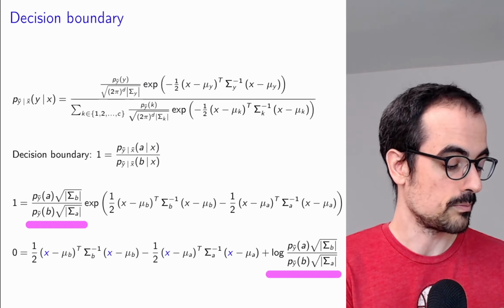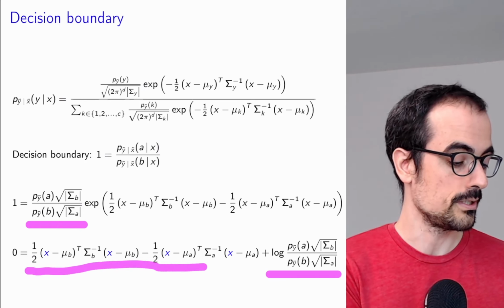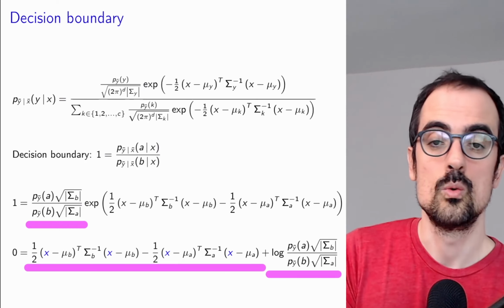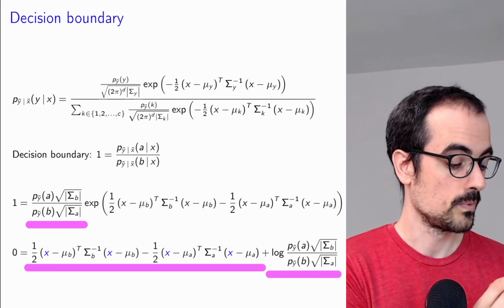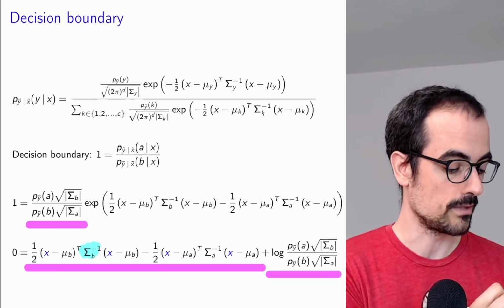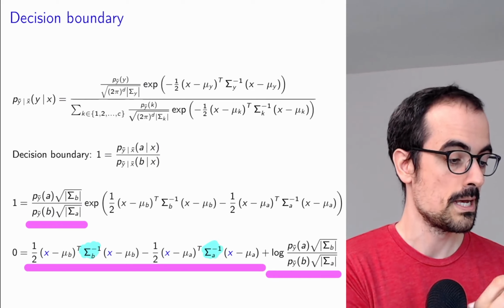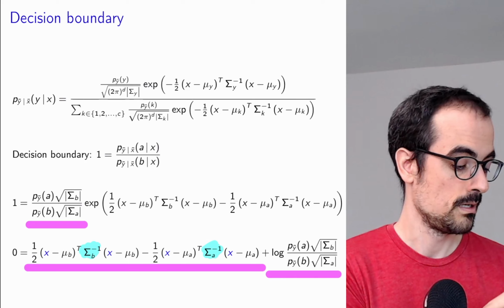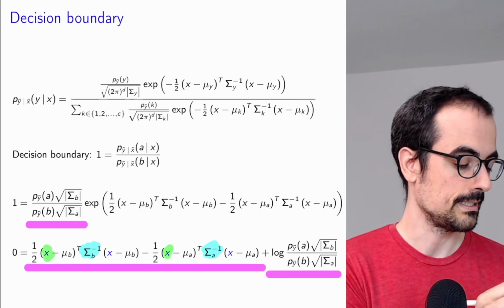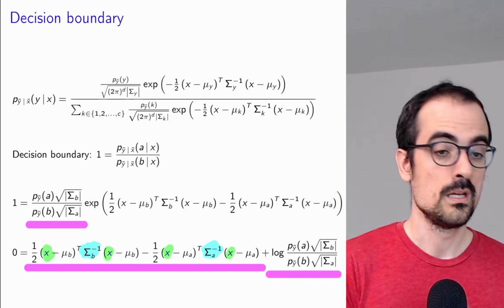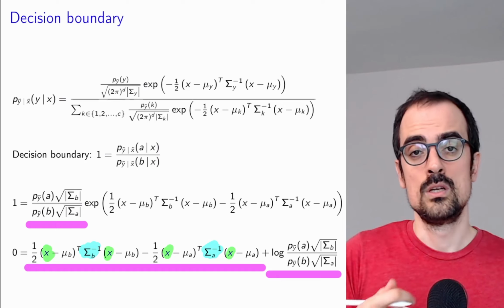Then we have this expression here, which is a function of the features, where essentially we have these terms where we're multiplying the inverse of the covariance matrices by x minus the mean on one side and x minus the mean on the other side.